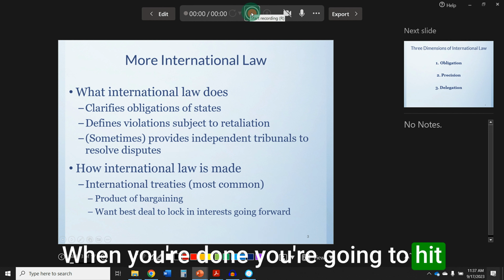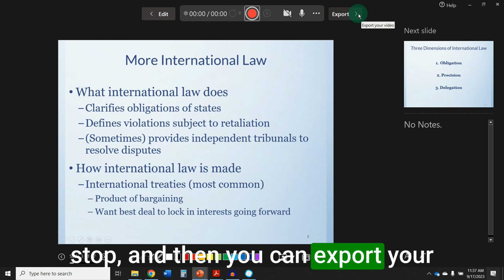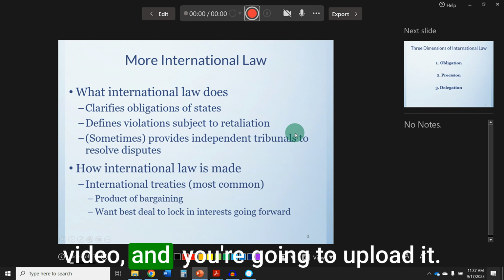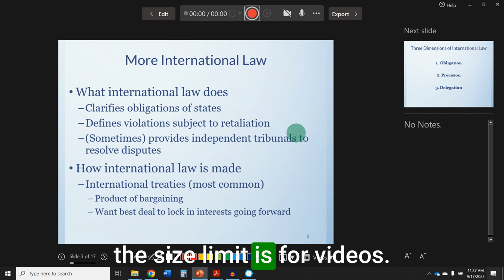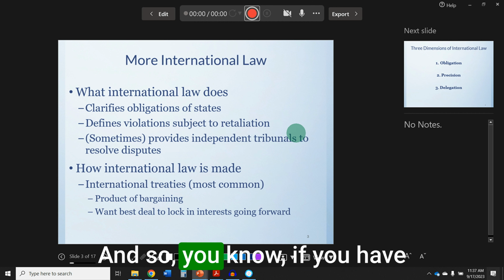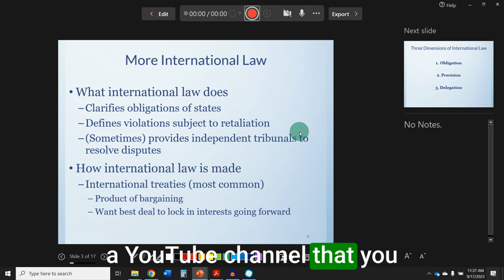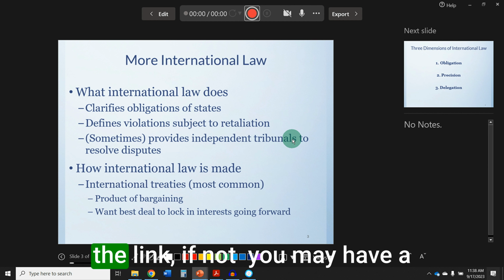When you're done, you're going to hit stop, and then you can export your video, and you're going to upload it. Now, I don't know what the size limit is for videos. And so, if you have a YouTube channel, you can share the video through the link.